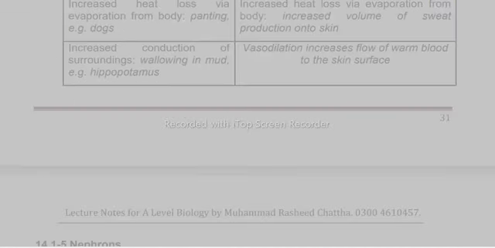Increased heat loss via evaporation from body, panting, e.g. dogs. Increased heat loss via evaporation from body, increased volume of sweat production onto skin. Increased conduction to surroundings, wallowing in mud, e.g. hippopotamus. Vasodilation increases flow of warm blood to the skin surface.